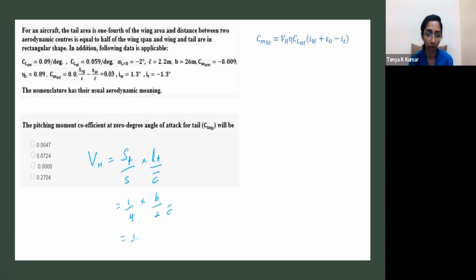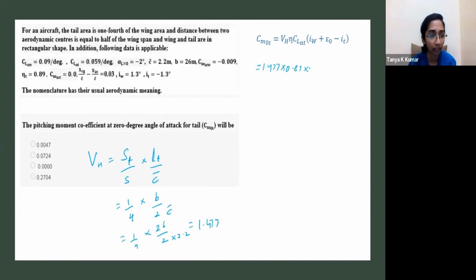So this would be 1/4 into 26/2 into 2.2. What is this value? 1.477. Okay, is this fine? I'm going to use that value here. So VH is 1.477.